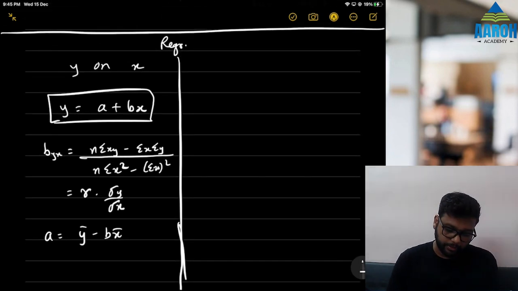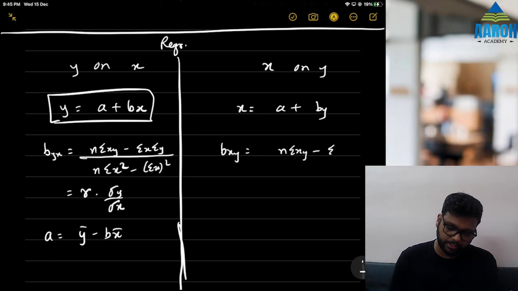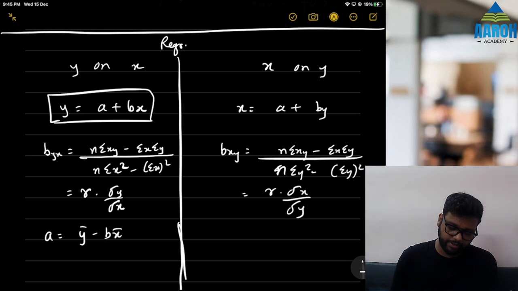Fine. Similarly, if we want to calculate x on y, just do everything opposite. X is equal to a plus by. Then bxy will be, numerator will be same, n summation xy minus summation x summation y, upon denominator n summation y square minus bracket summation y square. So that is going to be r into sigma x upon sigma y.